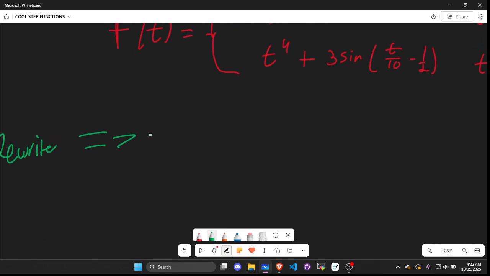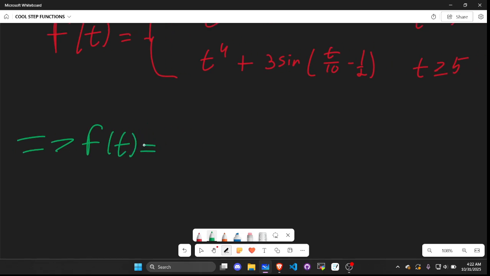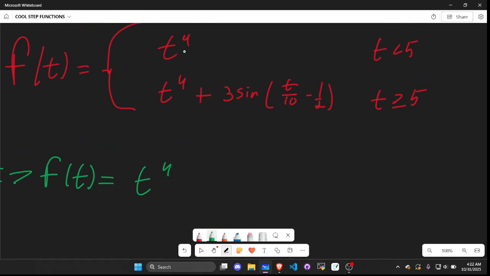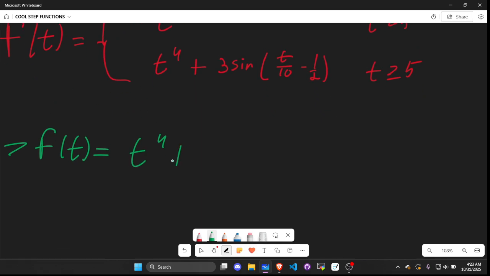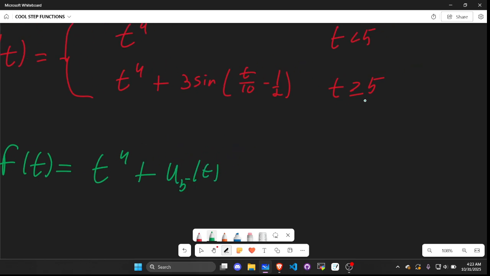So our f of t is now going to be equal to t to the 4, because what you notice is t to the 4 is true regardless of what side of 5 you're on, plus u sub 5 of t, because this only activates at the 5 point, so you want that 5 to be your c value, and you basically just multiply by the thing you want to turn on at that point.